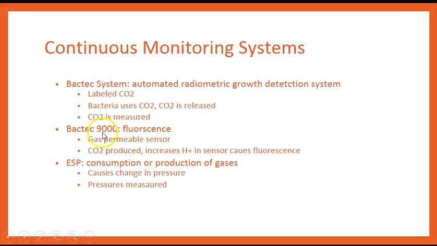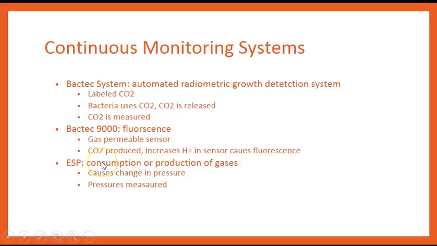The BACTEC 9000 uses fluorescence. It has a gas permeable sensor in it. CO2 is produced by the organism, and the increase in hydrogen in the sensor causes the fluorescence to happen.